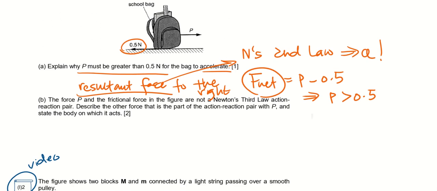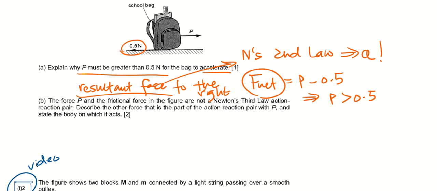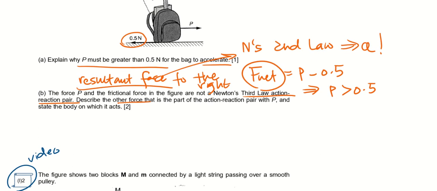Okay, part B. The force P and the frictional force in the figure are not a Newton's third law action-reaction pair. Describe the other force that is the part of the action-reaction pair with P and state the body on which it acts. In order for it to be a Newton's third law action-reaction pair, it has to fulfill these four criteria.